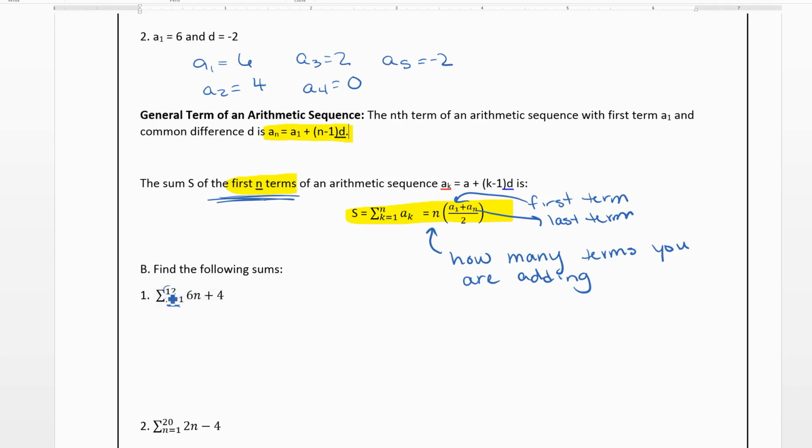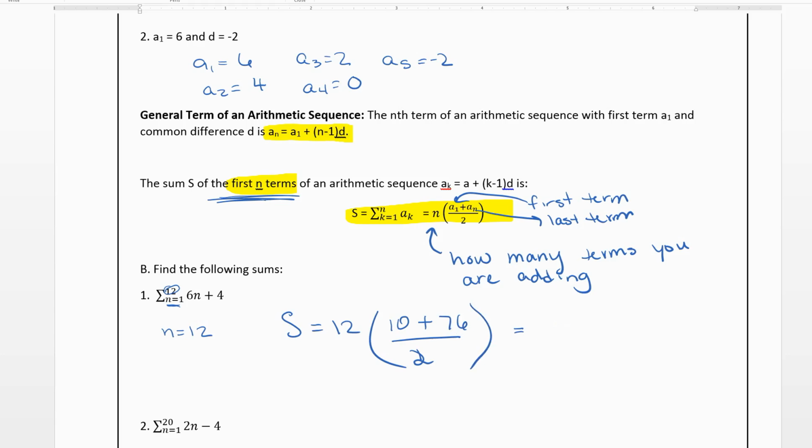So here our n is 12, so our sum, we're going to have 12. a1, if we plug 1 in here, we'd have 6 times 1, which is 6, plus 4 is 10. Then we would plug in 12, since that's our last term, so 6 times 12 plus 4, which gives us 76, all over 2.